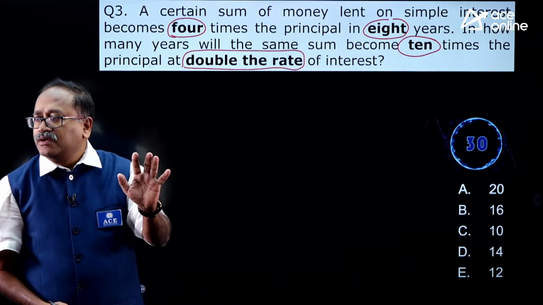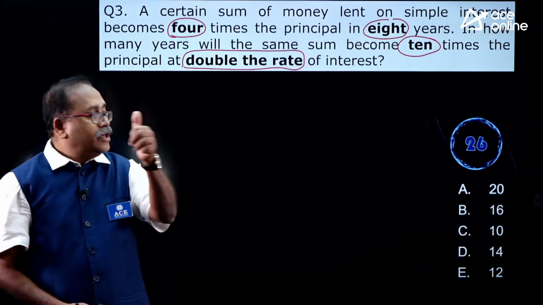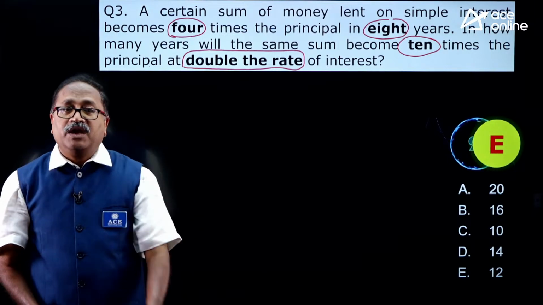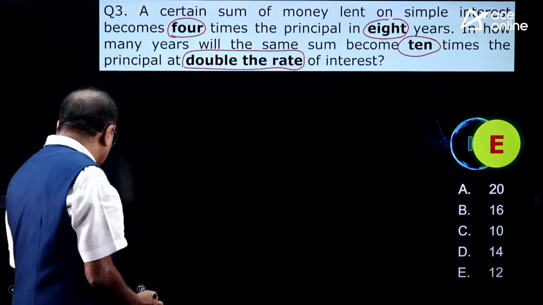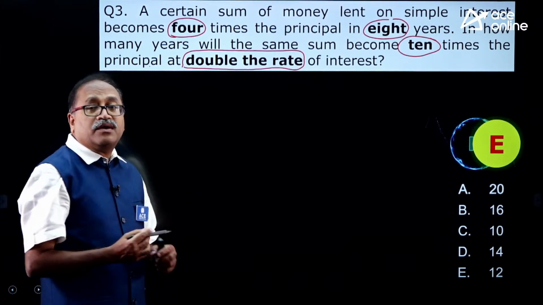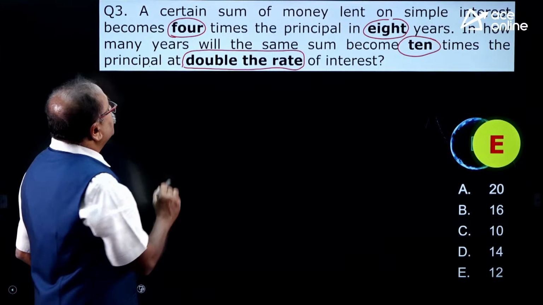Is it Venkat? Yes, Venkat is saying 12, Likita is saying 12. Let's check the answer, E, 12. Well done, my dear friend. That means you know this concept. I am very happy that you are well aware of the known models of simple interest and compound interest.